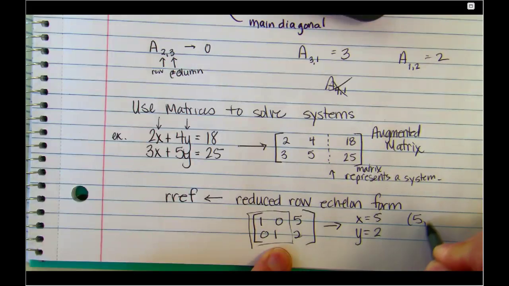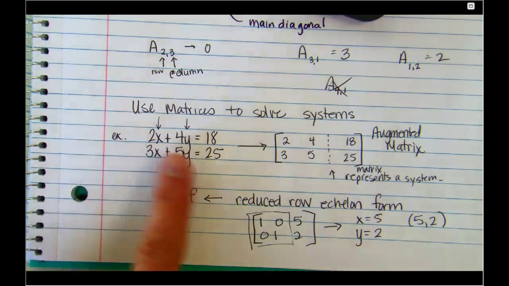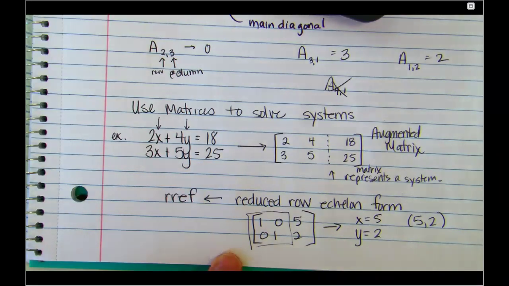And it just gives you your answer coming out of there. Okay, this is why it's important that your x's and y's are in the same order, because if they're not, then you're solving an entirely different system. You have a different answer. Okay, so it's super easy.